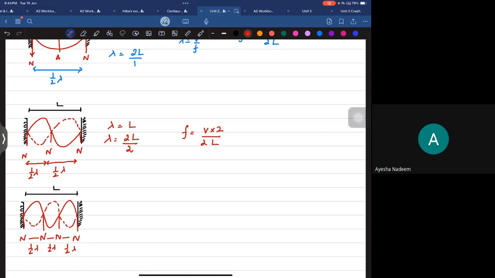So that will be 3 by 2 lambda equals L. So lambda then will be 2L by 3. And if I want to find the frequency, it will be F equals V times 3 over 2L. You can use V is equal to F lambda to find that.